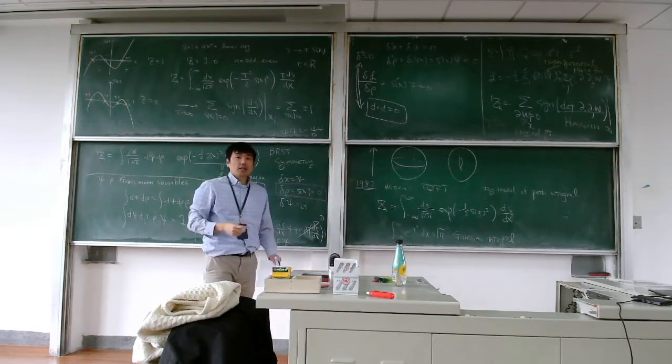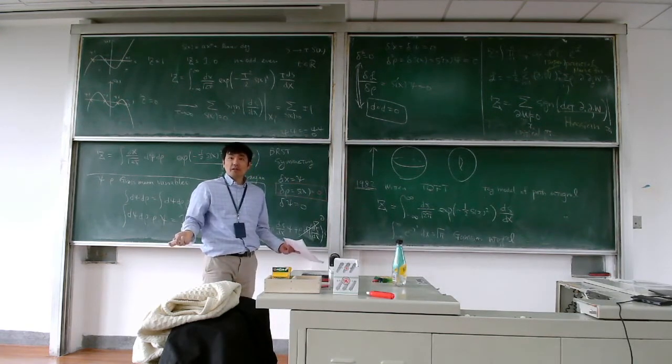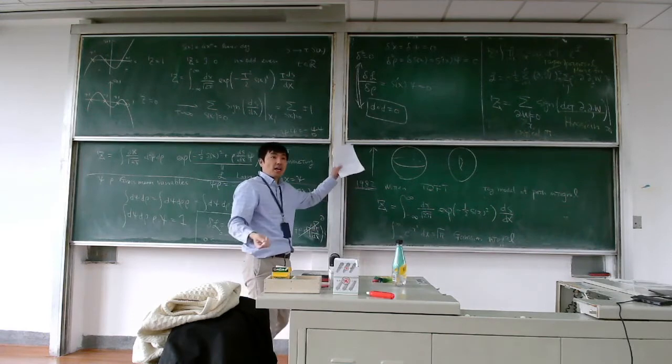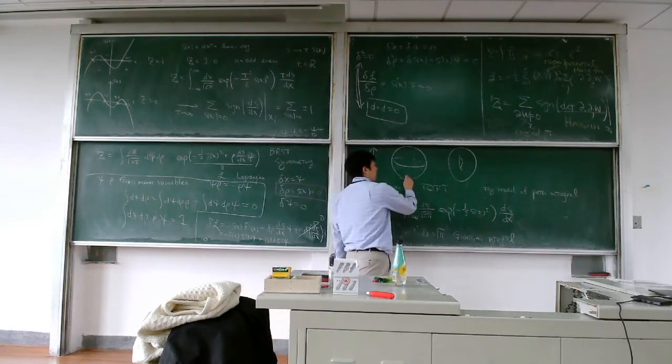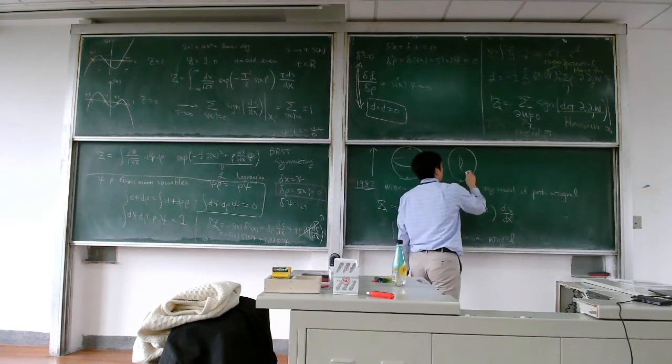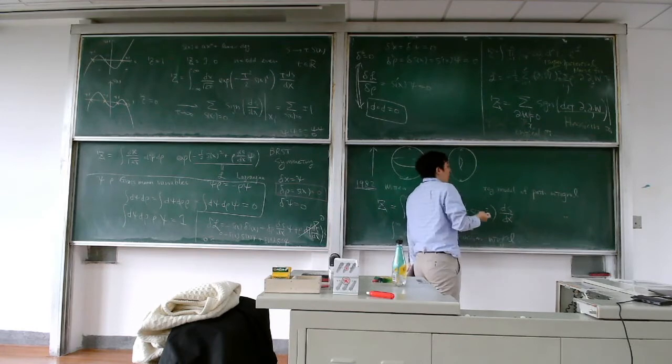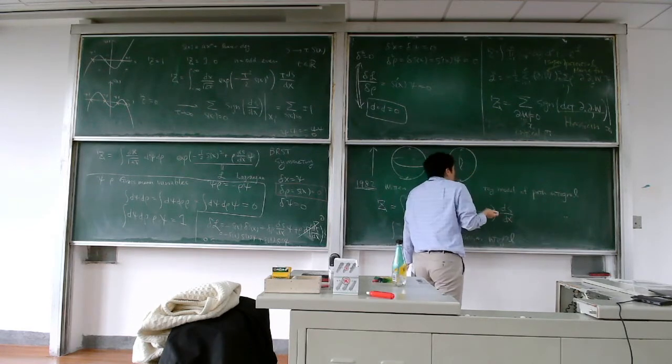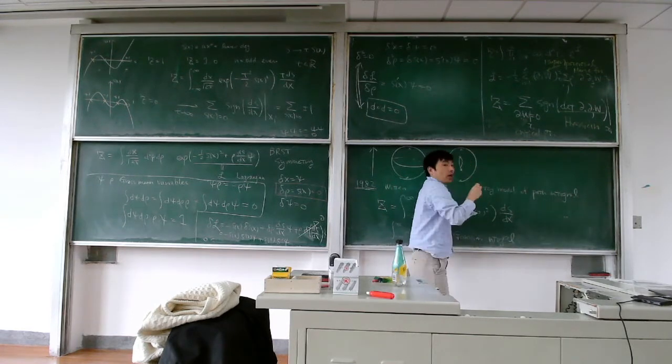And then look at the gradient vector field with respect to this height function. And the zeros are the south pole and north pole in the case of the sphere. In the case of the torus, you have top and bottom. In addition to top and bottom, you have two saddle points, okay?